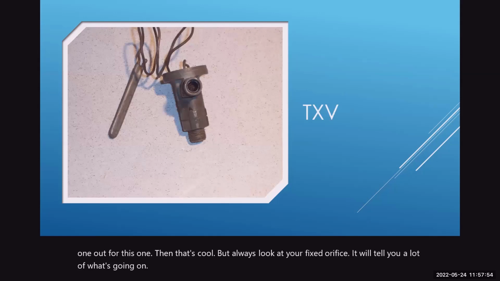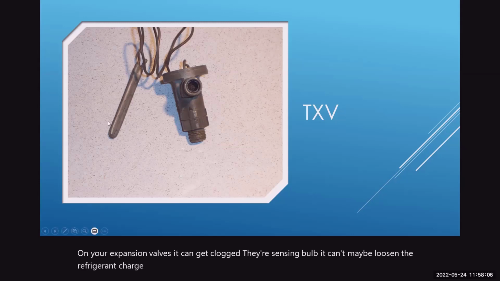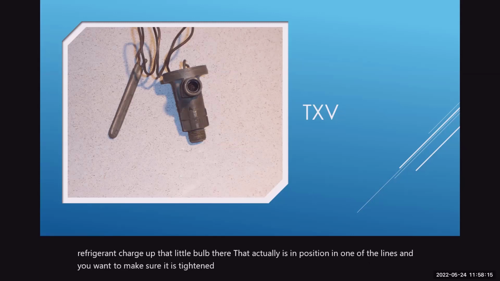On your expansion valves, it can get clogged. The sensing bulb, it can maybe loosen the refrigerant charge. That little bulb there is positioned on one of the lines, and you want to make sure it is tightened down correctly. Usually there's a set of clamps that you clamp it down with, or it clips into.